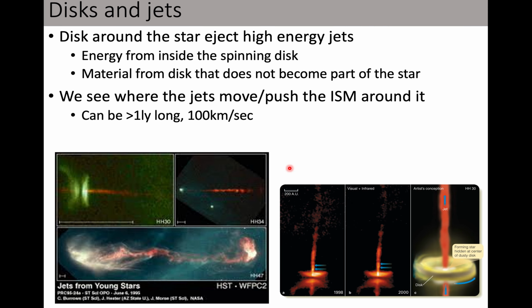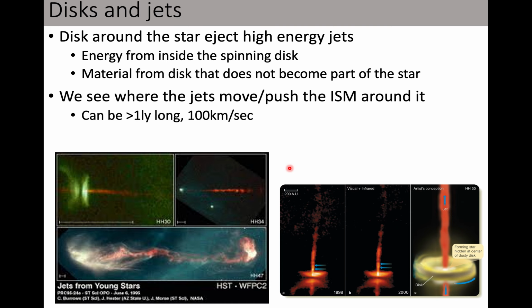So something really interesting is the disk around the protostar or the young star can actually emit really high energy jets out of the top and bottom of the disk. So there's a lot of energy inside this spinning disk. We have the star formation. It's compressing. It's increasing in temperature. And the material from that disk doesn't actually become part of the star.